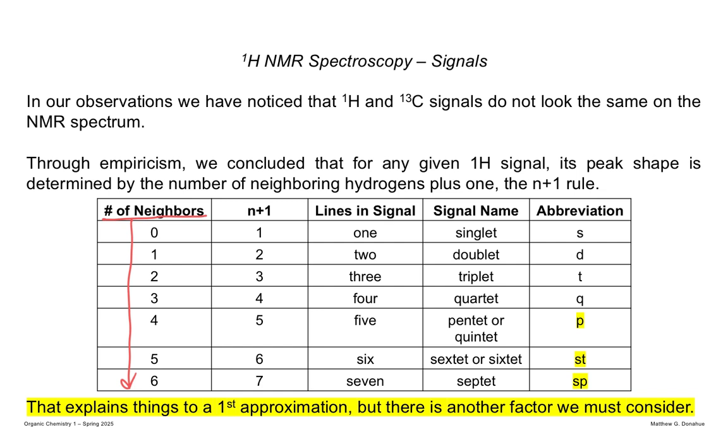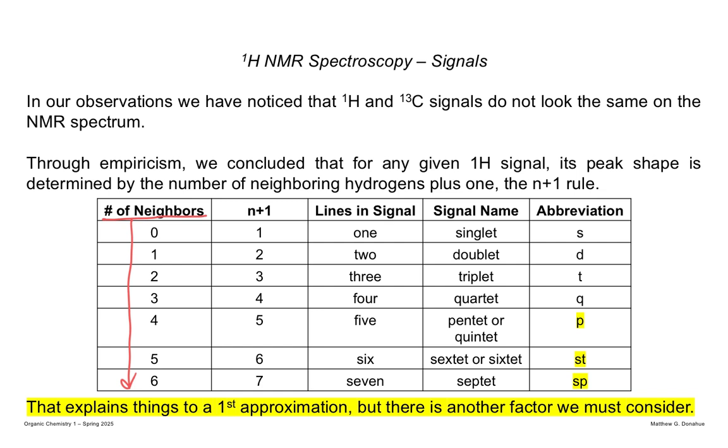Because if you think about it, what's the maximum number of neighbors you can have? And then, what are the equivalency of those neighbors? So it gets a little bit complex beyond 3 neighbors.